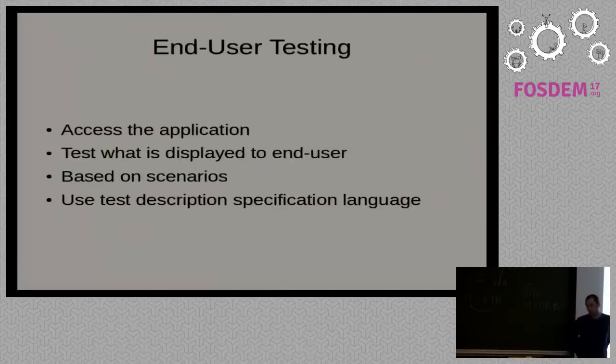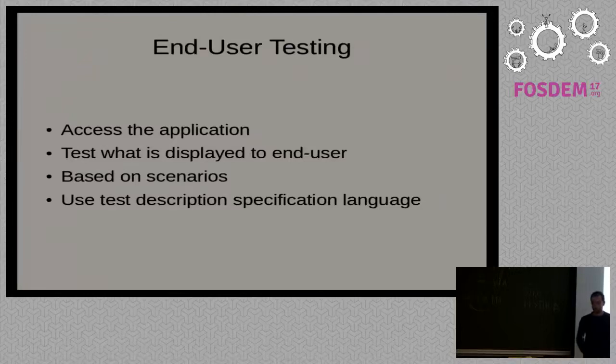And we also have end-user testing, which is also called acceptance testing. You access the application as if you are an end user, and then you test what's displayed. That's typically in PHP. You have tools like Selenium to do that.